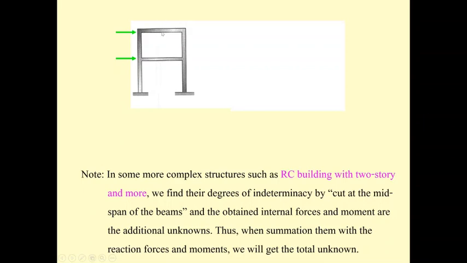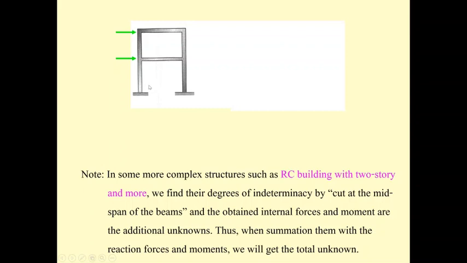When we cut each part of the beam, we will have 3 unknowns there. One is normal force, one is shear, another one is moment. So this is going to be 3 unknowns, and this is going to be 3 unknowns. These are the internal unknown forces and moment.